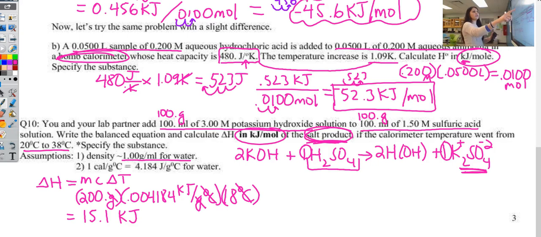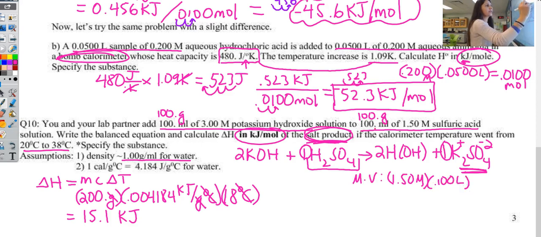So all I'm going to do is multiply my molarity times my volume, but remember you have to be in liters, so I wanted to make sure you saw that again. So I'm doing M times V, which is 1.50 molar times 0.100 liters, because I want to shift my decimal 3 places back. And so again, if I'm using my tricks here, because I want to do 1.5 times 1, then that would give me 1.5, right?